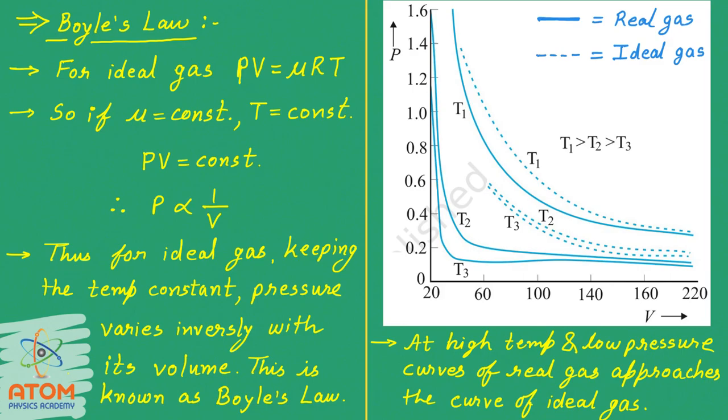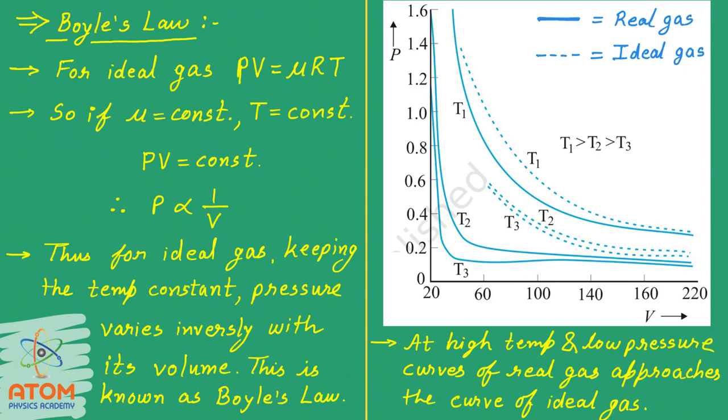For temperature T3, the real gas graph is this one and the ideal gas graph is this one, where you can see that the real gas curve is quite different from the ideal gas curve at the same temperature T3. Now if you take T2, then also the real gas curve is very much different from the ideal gas curve at temperature T2.